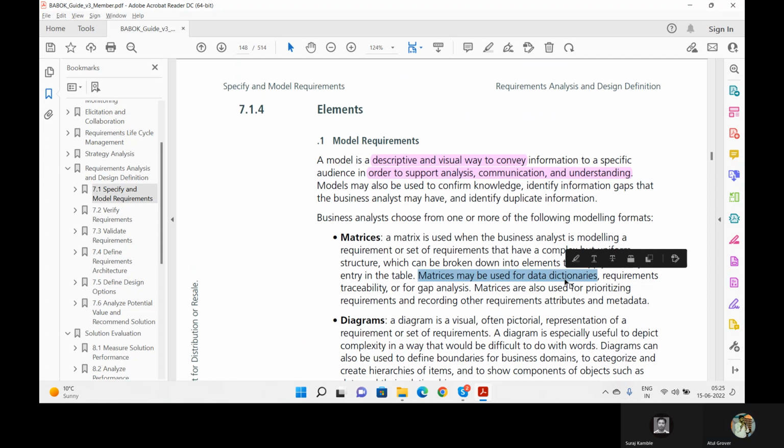Now matrices are used to prioritize requirements and record other requirement attributes in the metadata. It means you're making a kind of table format where we put the data dictionaries, requirement traceability, and the gaps. Because when you start putting the requirements into a proper Excel format, you are able to identify the gaps as well. You're able to trace where I'm standing at a point in time.